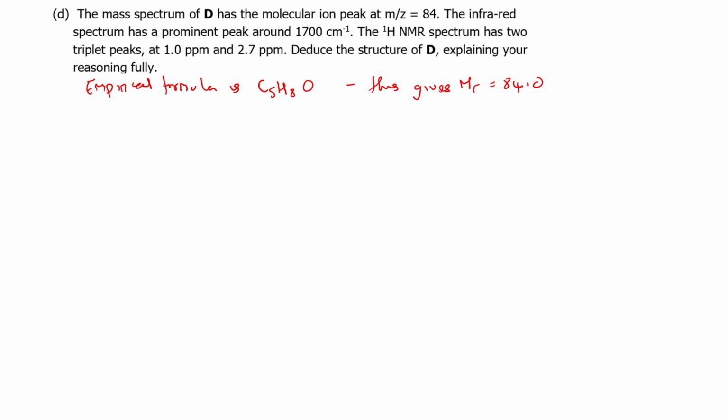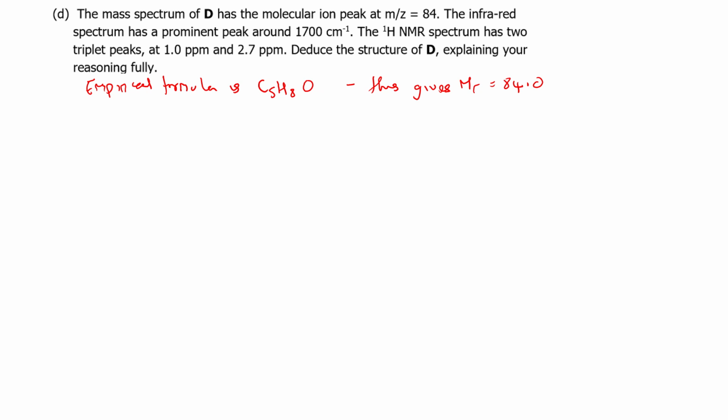But remember that the molecule could actually be, for example, two lots of that, C10H16O2, or any multiple of that. So we need to know what the actual Mr is, and then we can work out which multiple it would be. And that's where the mass spec data comes in.